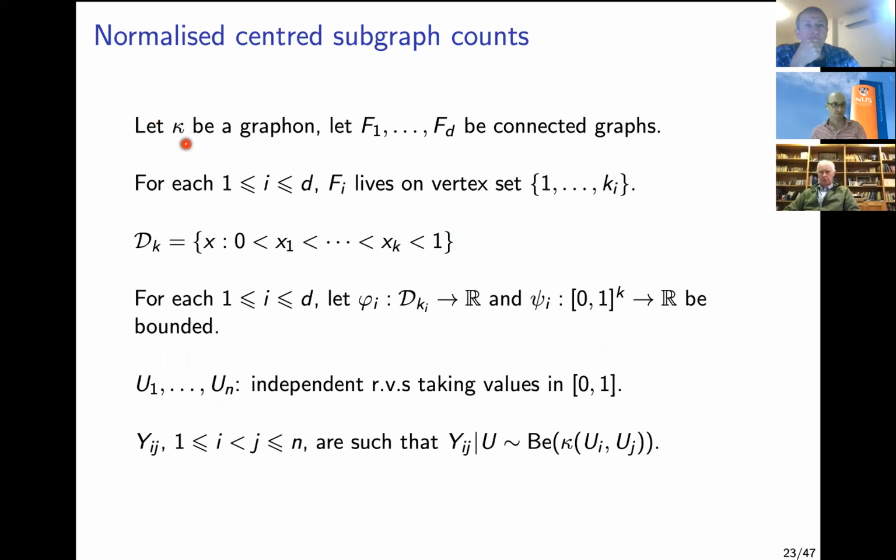Given a graphon kappa and a sequence of connected graphs, those are the graphs you're interested in. Each of these Fi can live on a different vertex set, or they can be the same, they can be isomorphic, it doesn't matter. Again, these DKs are these half orthons.